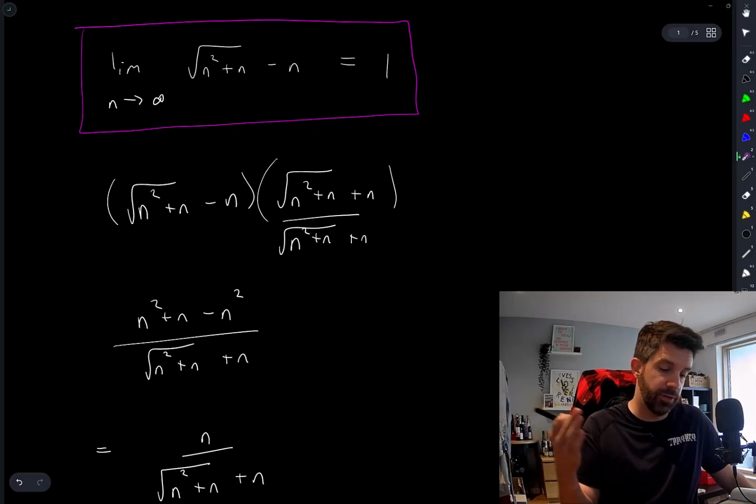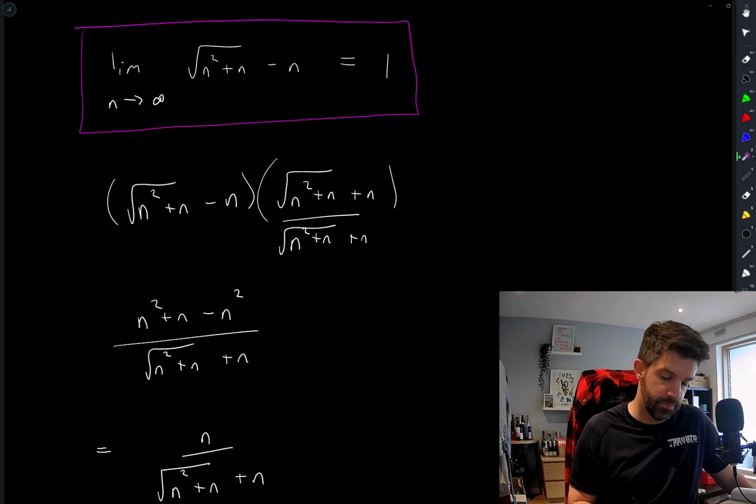A rationalizing term? Something like that, I guess. And then it just all happens to work out. But yeah, if I hadn't thought of multiplying by that, I'm not sure exactly what I would have done.